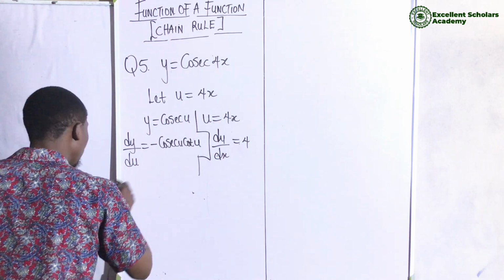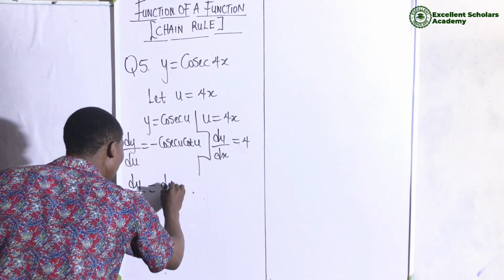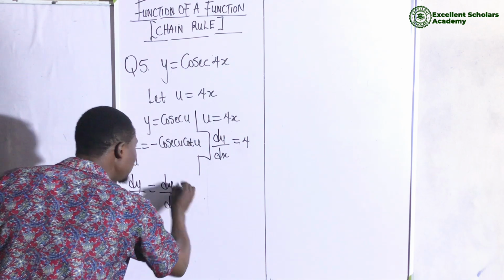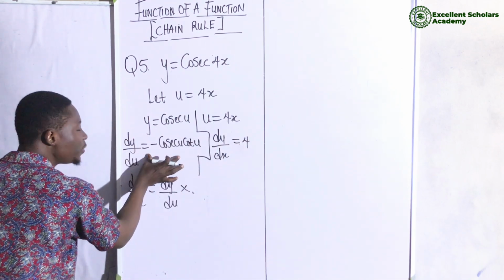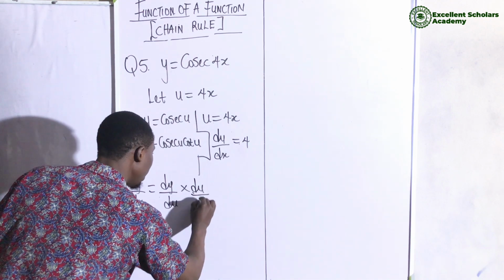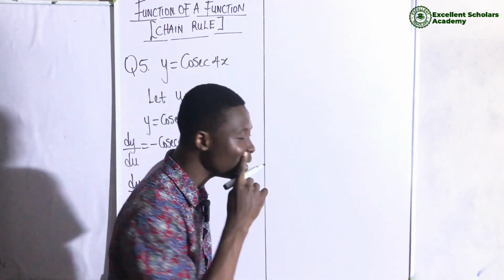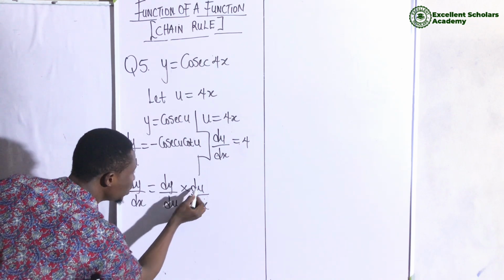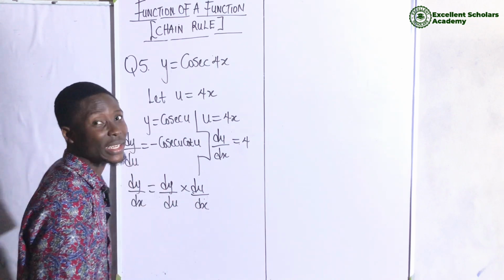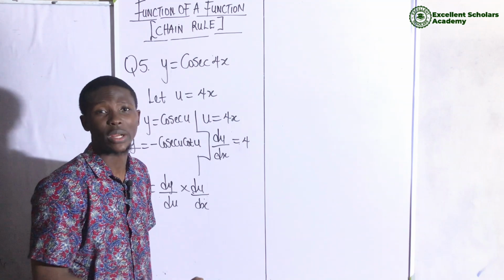So finally, our dy dx is going to be equal to dy du times du dx. That's what you differentiated here times what you differentiated here. And if you watch closely, something I have not said so far as we've been solving this, this du can cancel du. What you'll be left with is dy dx. So this alone shows that this principle is very correct.